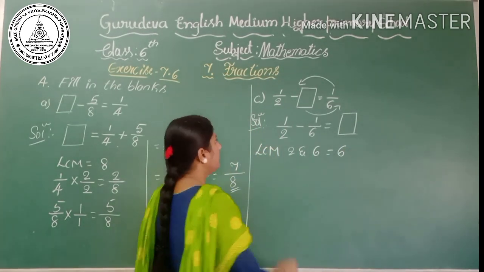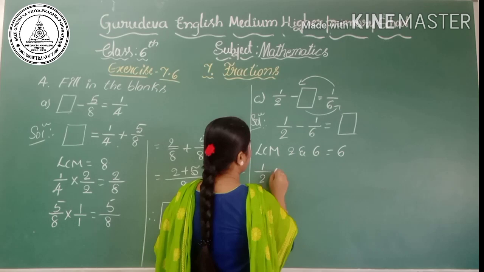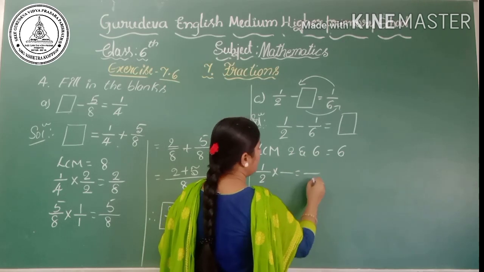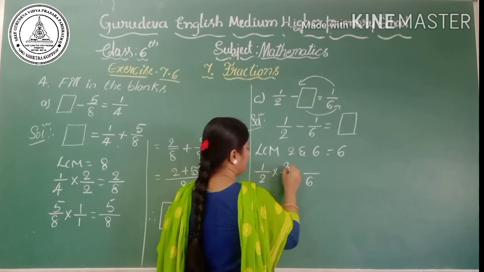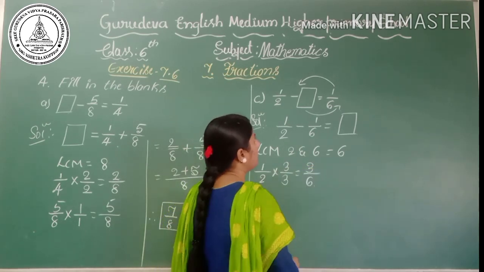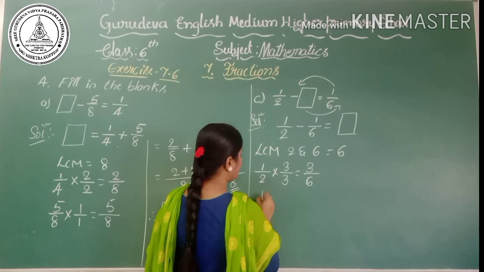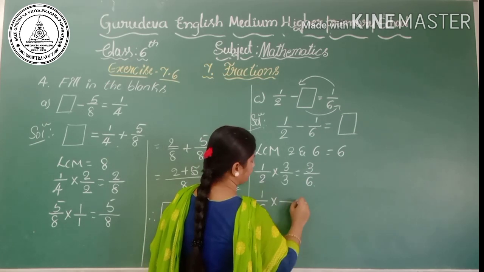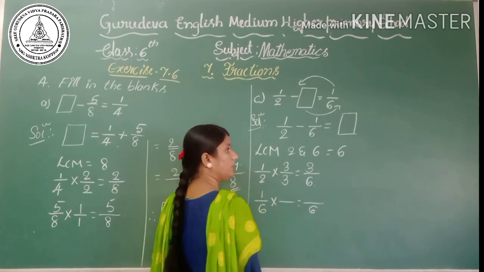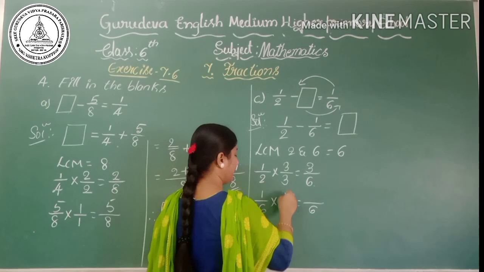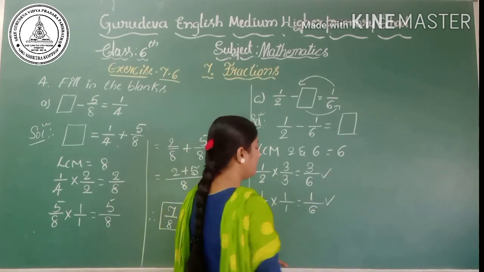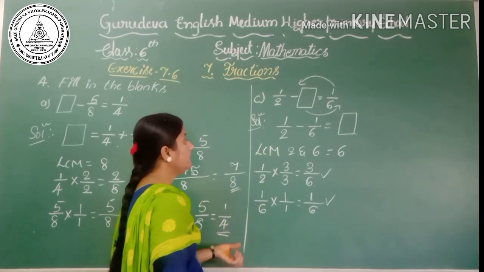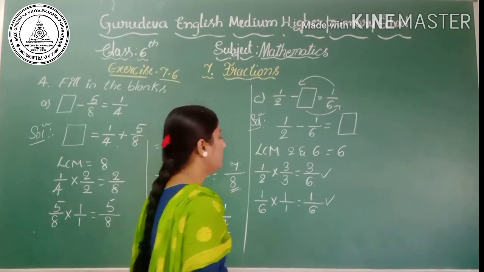Then convert the fractions to denominator 6. 2 times how much is 6? 2 3s are 6, then 3 ones are 3. Then the next fraction is 1 by 6, and make it denominator 6, multiply by 1, 1 one is 1. Now these two fractions are like fractions. Then subtract these two.